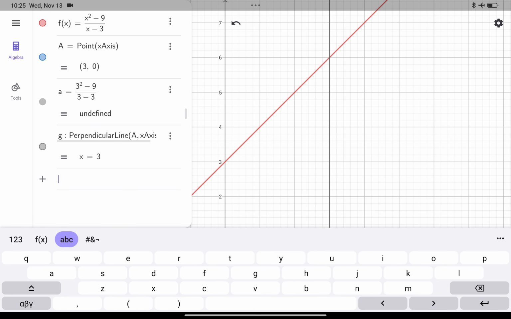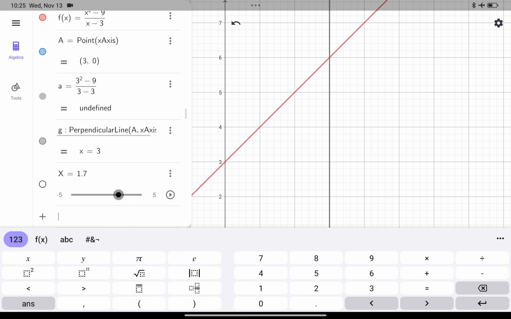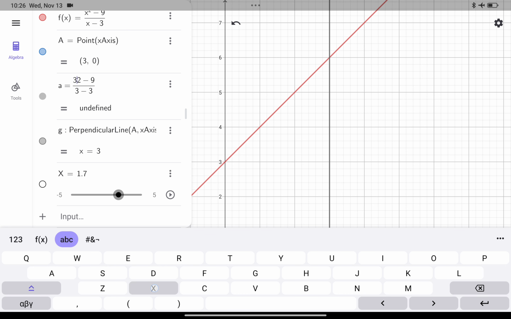Let me say I'm gonna use the value x. I'm gonna take x equal to, from the left, 1.7. Now we change this by the value x, x to the power of 2.